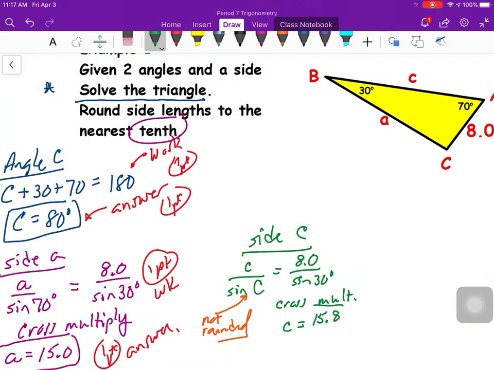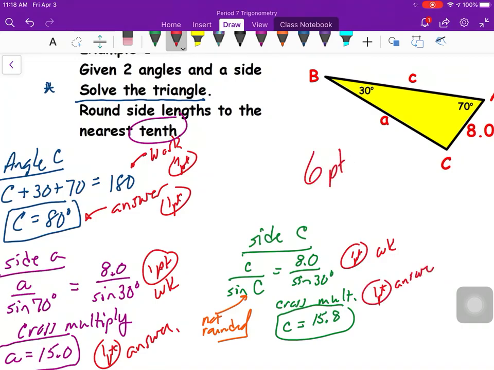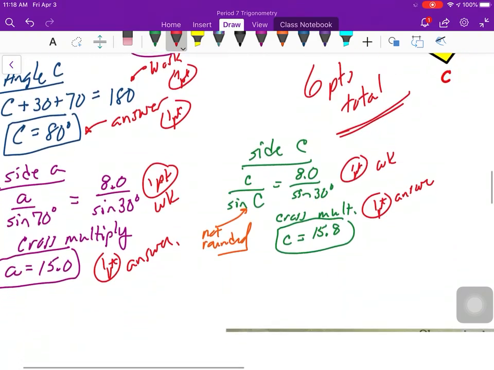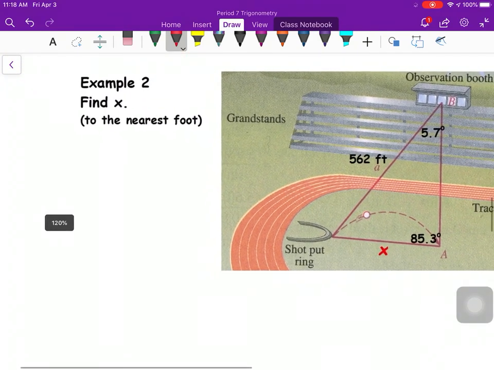I get 15.8. And that's our answer. So once again, it would be 1 point for the work, 1 point for the answer. So this would be 6 points total.